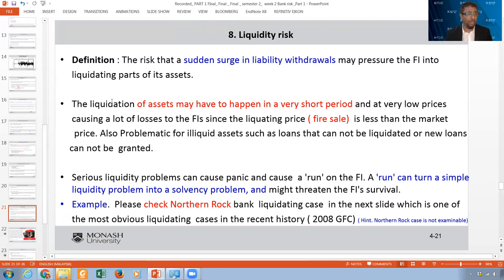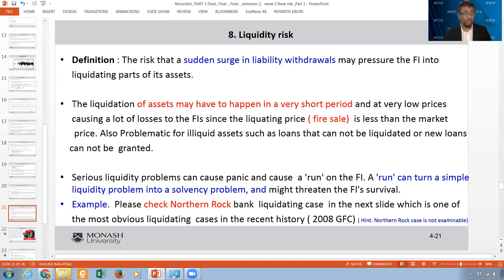Now, when that happens, banks usually have to liquidate. That applies to banks, but also to insurance companies, mutual funds, and all those financial institutions.